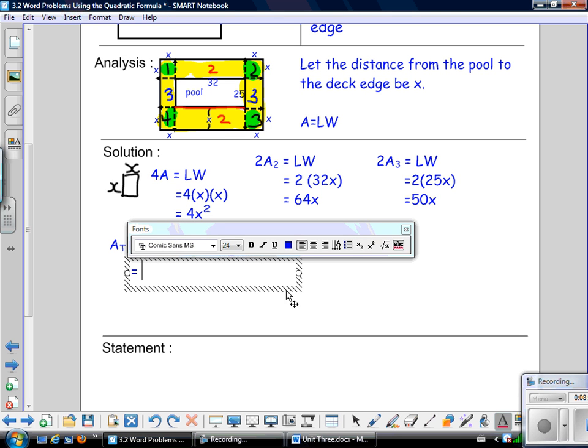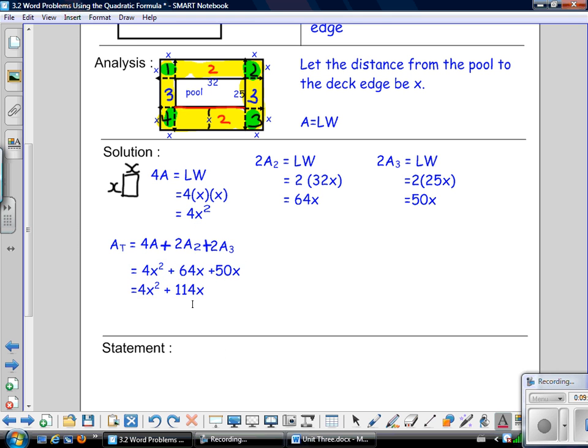It's going to equal the 4x squared plus the 64x plus the 50x, and then we would gather our like terms, and we'd end up with 4x squared plus, sorry, just adding this in my head, so sometimes it doesn't work very well, 114x.